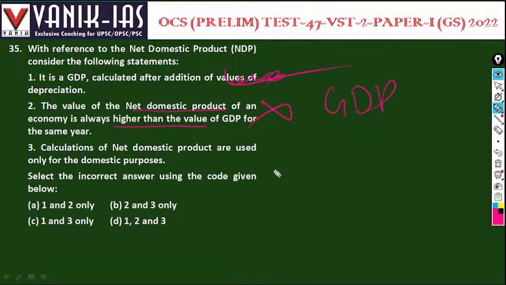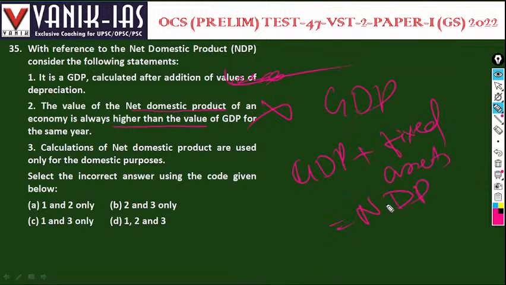Net domestic product takes into account fixed assets also.